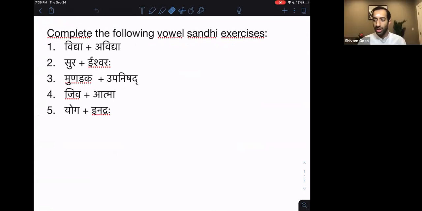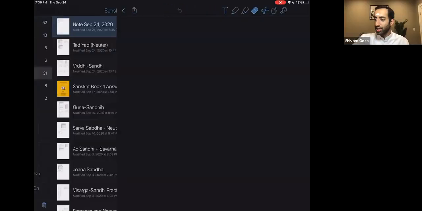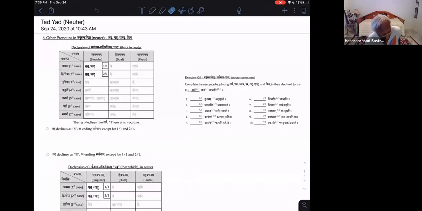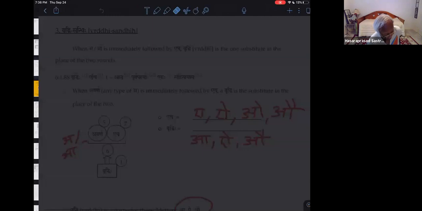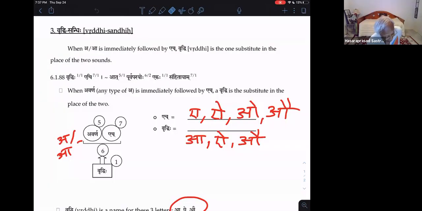So jiva is correct. Yeah. Okay. Let me fix this. No worries, and thank you. I'm typing these on this new keyboard, trying to type in Devanagari, so it's a little bit difficult. Yeah, no, that's fine. So Mundaka and Jiva.